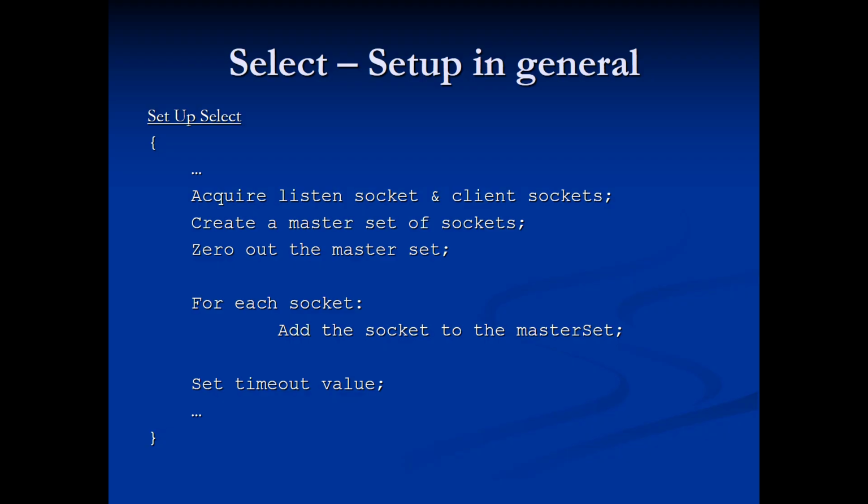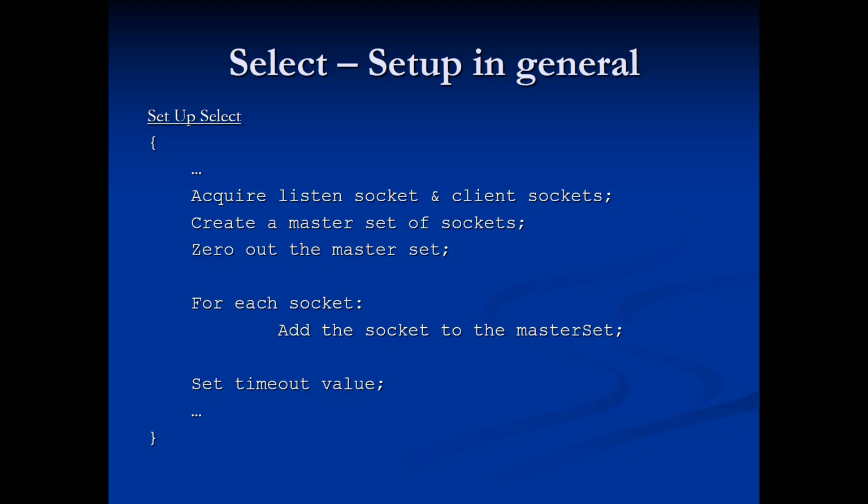So same thing. You acquire the listen socket and client sockets, and then you create a master set of sockets, a master set of FD set. You zero out the master set using the macros listed in the earlier slides, and then for each socket that you have, you want to add it to that master set. So you want to add your listen socket into the master set. You want to add any of the already connected clients.